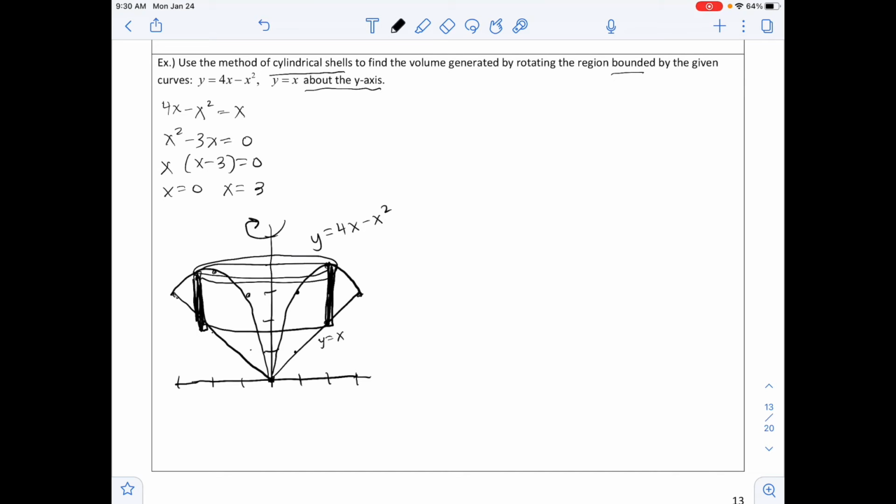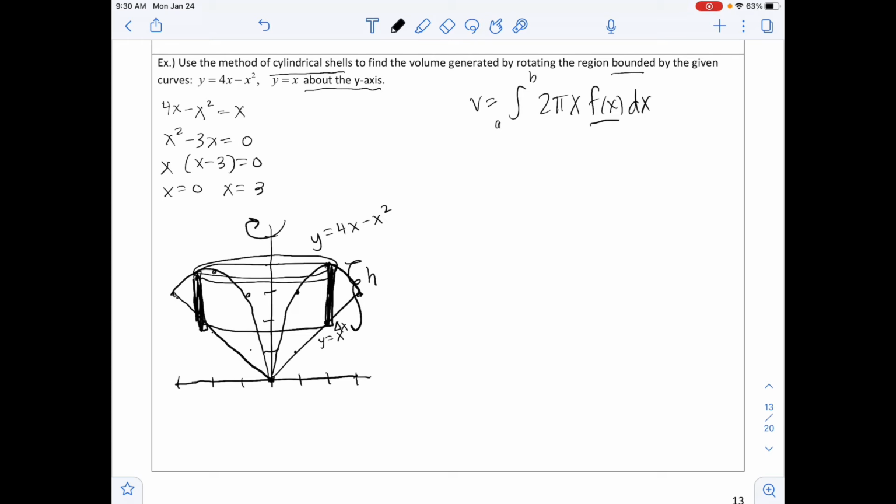And so in order to come up with the volume using the cylindrical shell method, we have a formula to integrate from a to b of 2 pi x times f of x dx. And this is our delta x over here, that thickness. We also need to calculate the height, or h, which is going to be my function over here.